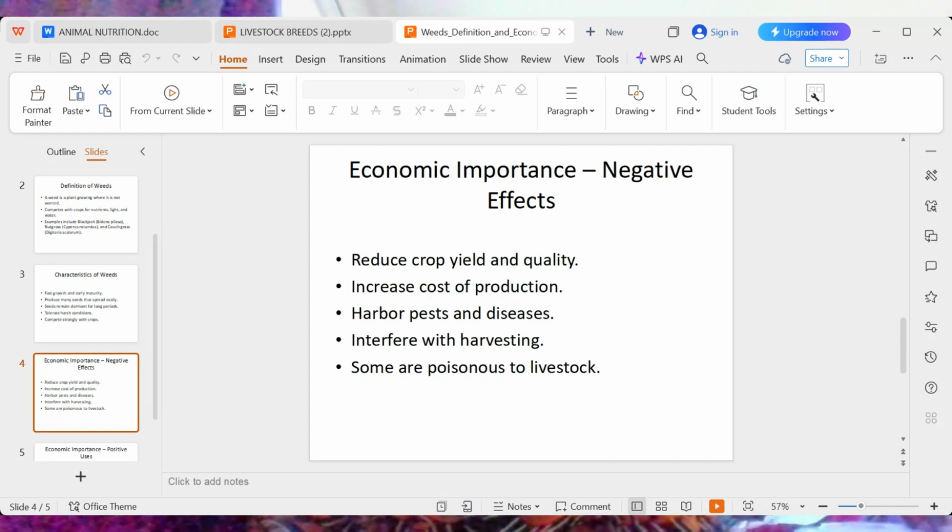As we have said, not all weeds have negative effects. They have some benefits to human beings and livestock. So I was asking you to give some benefits of the weeds. Have you understood? Yes. Okay, give us some positive effects of the weed.